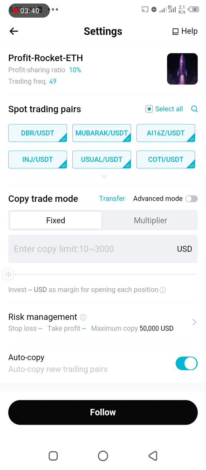Copy trading mode is fixed, and it has risk management, stop loss, take profit, maximum copy $50,000 US dollars. Automatic copy is on. So if I click follow now, I start copying him. If I click the follow button, that's just it. Very simple, and I start making profit with them.